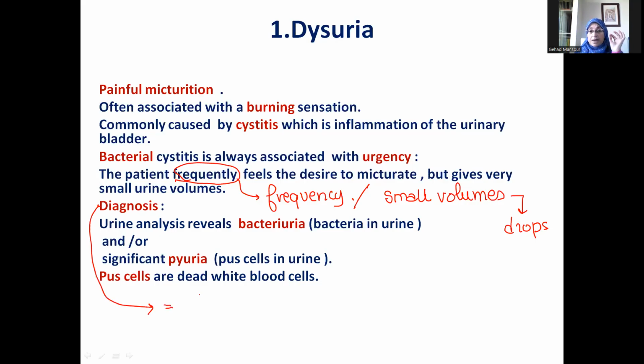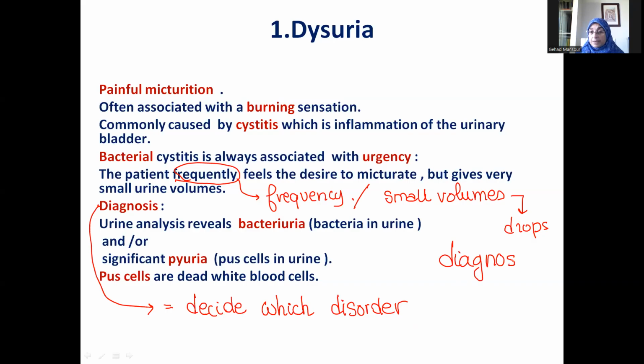Diagnosis means that you decide which disorder the patient is complaining of or suffering from. And in order to diagnose, you have to do several steps.